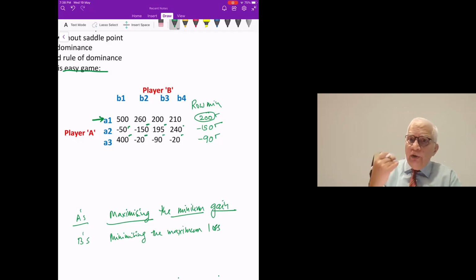Because the game is written from the point of view of player A, the numbers stand for loss to player B. Now let's see what the maximum loss is from the various strategies. Let's look at this column-wise, because we are looking at the game from the point of view of player B. Let's look at column B1.